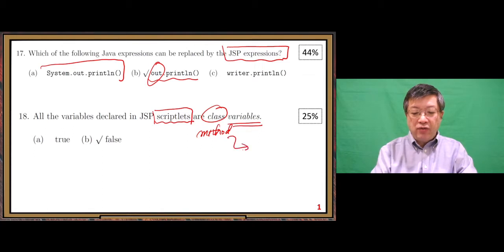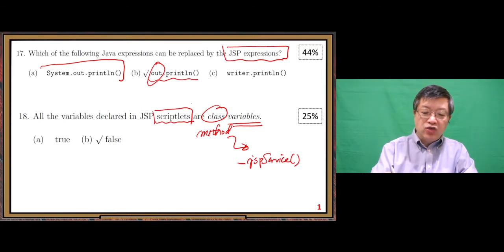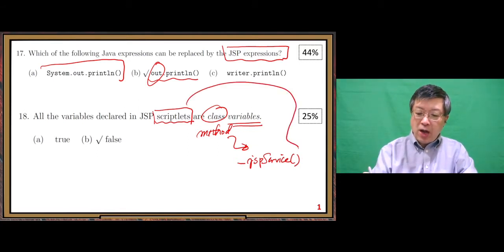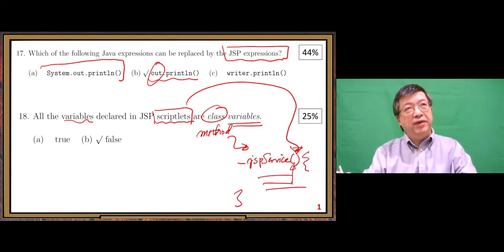So what method does this correspond to? The _jspService method. All the scriptlet content is copied inside this method. So the variables you declared, you can only use inside this method.